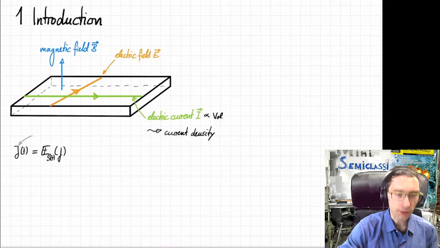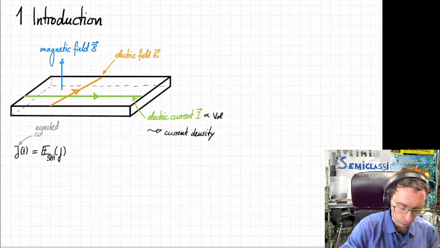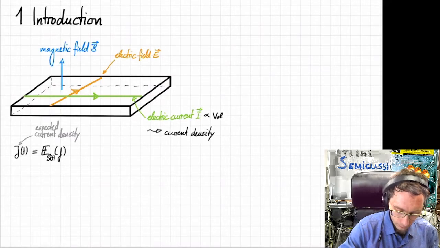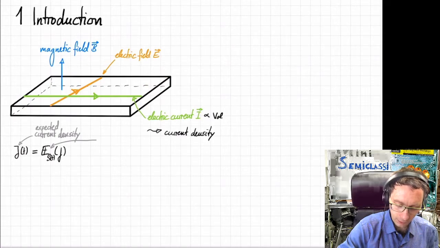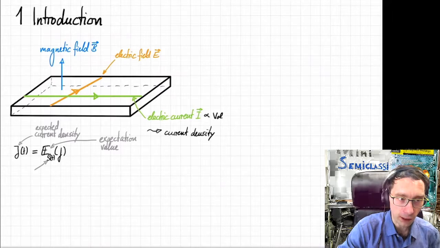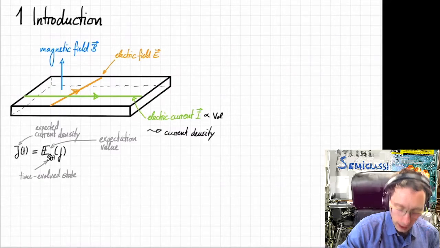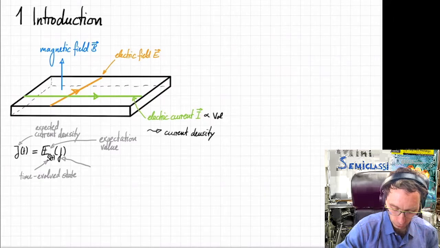So this calligraphic J is the expected current, or rather expected current density, E is the expectation value, rho of t is the time-evolved state, and J is the current observable.